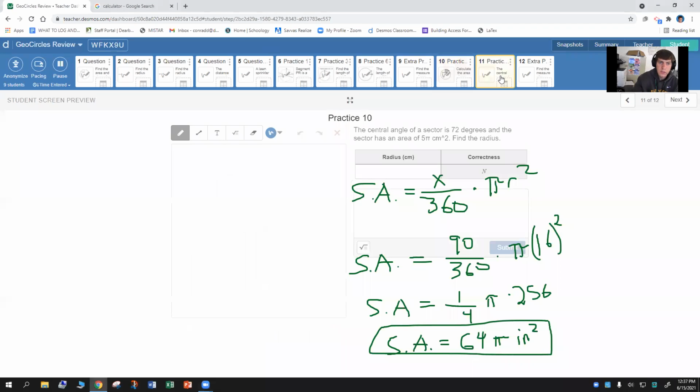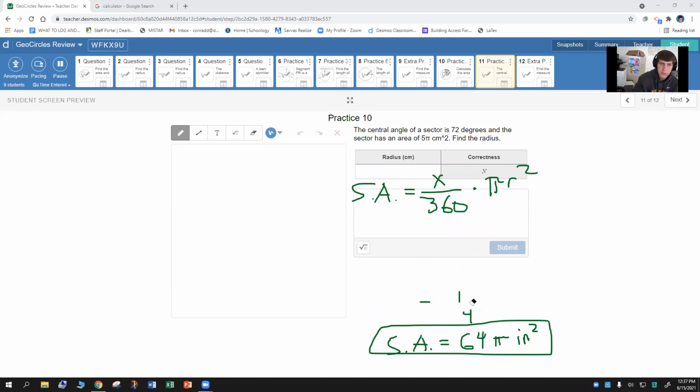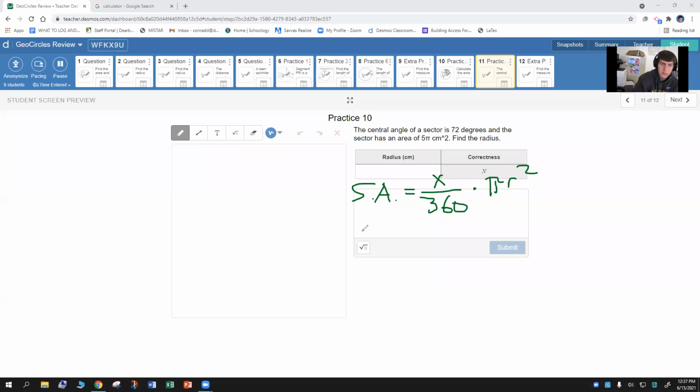All right, the next one is to find the radius using the sector area. Here we have the area of the sector is 5 pi centimeters squared. We know the measure of our central angle is 72 degrees, then times pi, and what we're solving for is r.